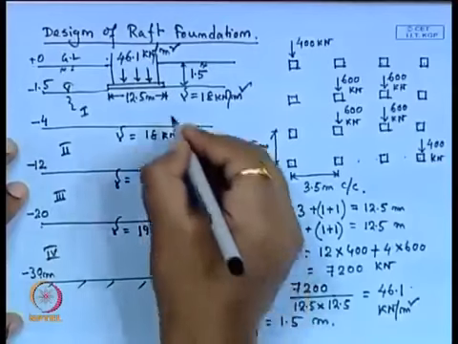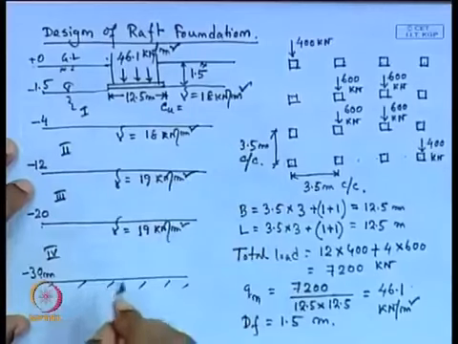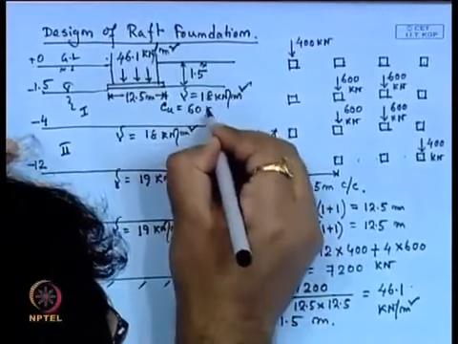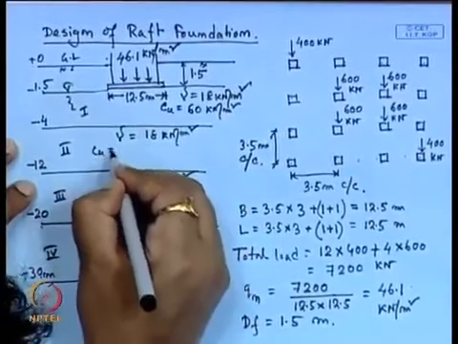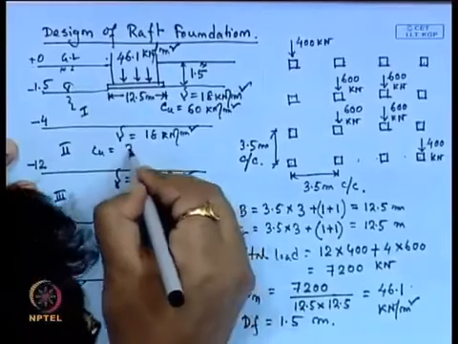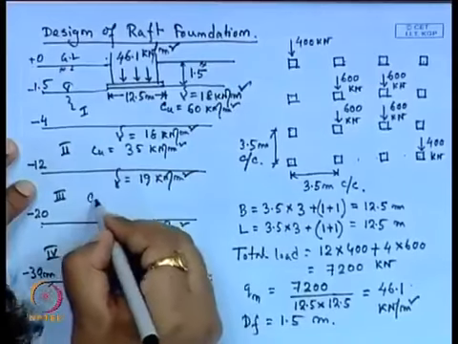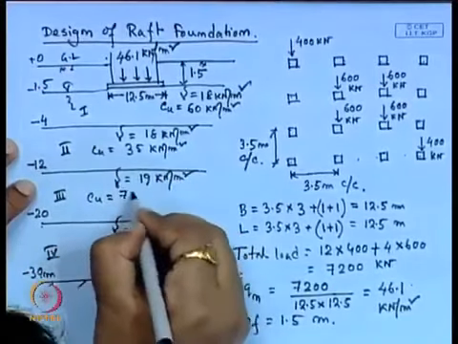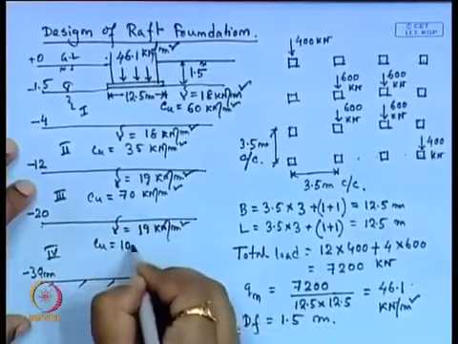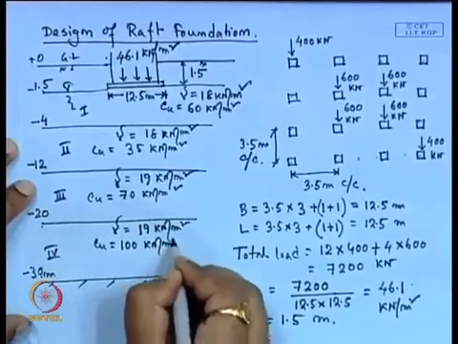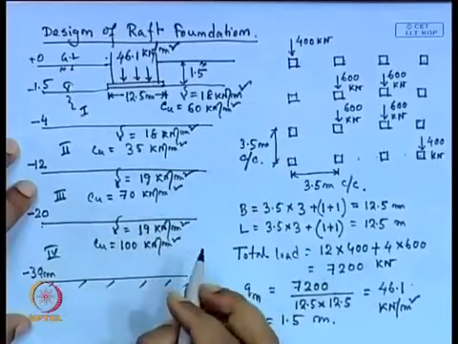Now, these are all clay soils. The Cu value for layer 1 is given as 60 kilonewton per meter square. Cu for the second layer is 35 kilonewton per meter square. Cu for the third layer is 70 kilonewton per meter square. Cu for the fourth layer is 100 kilonewton per meter square. These are the soil data observed after testing.